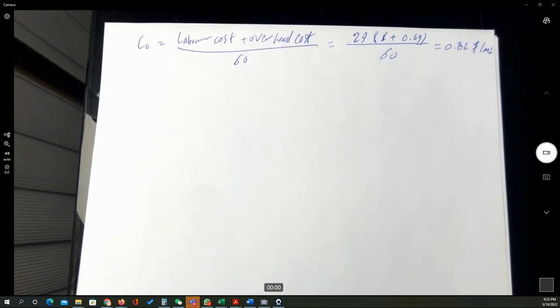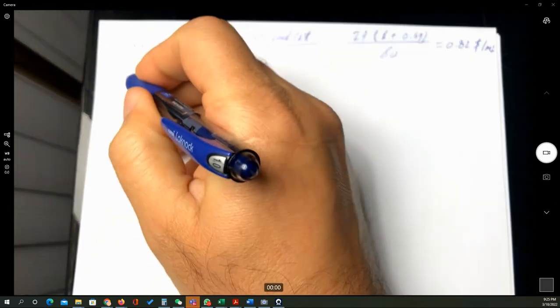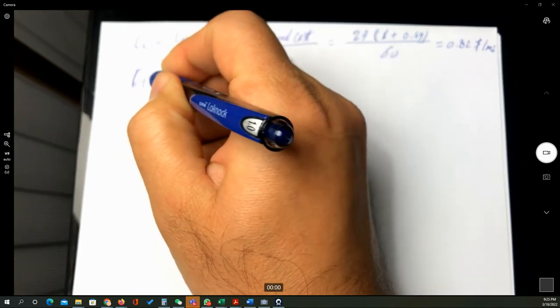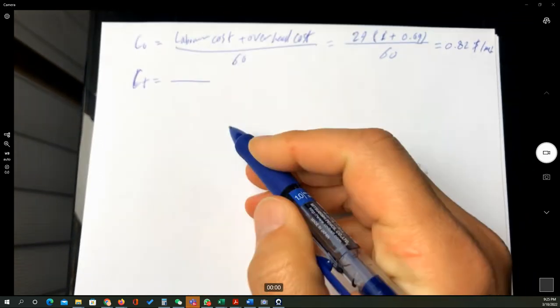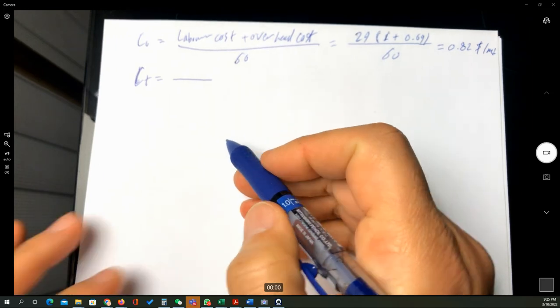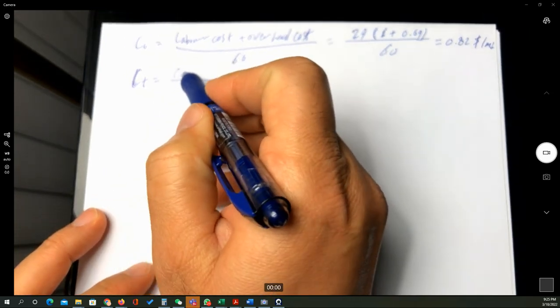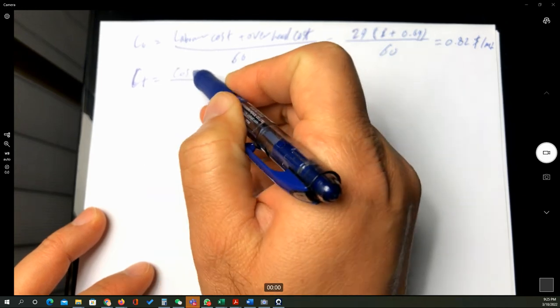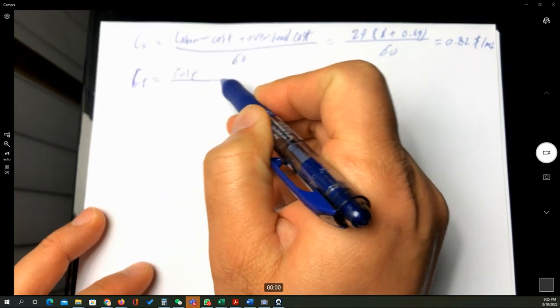Next step is to find the CT for the high-speed steel cutting tool. First is going to be the cost of the tool. Sorry, I can see that things are blurry and compact because I'm using the phone as an overhead.